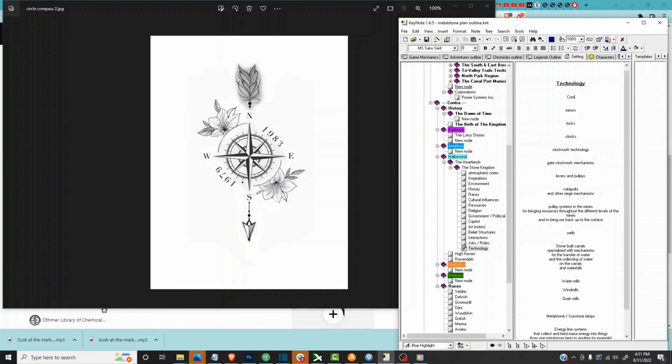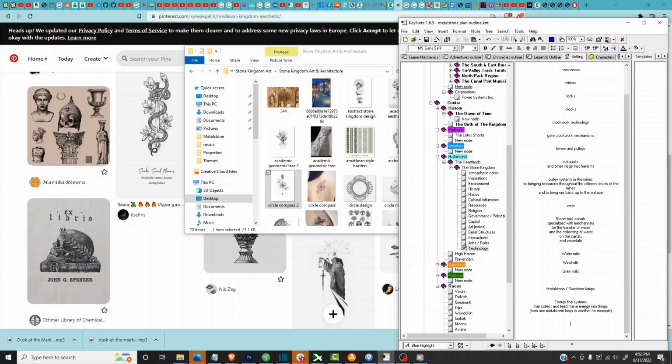I forgot to mention that compasses would definitely be a part of the technology, since I already made it a point that they're going to be playing a part in their art as well. And then one more form of technology that I was planning on having is that in this world, I know there's going to be an invention that's basically a primitive form of vehicles.